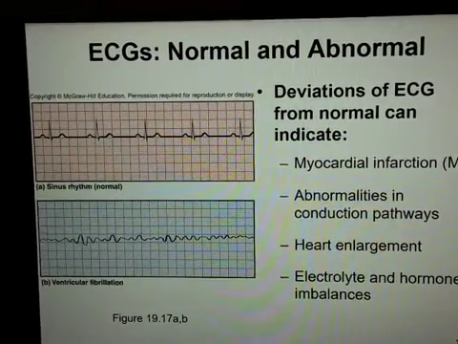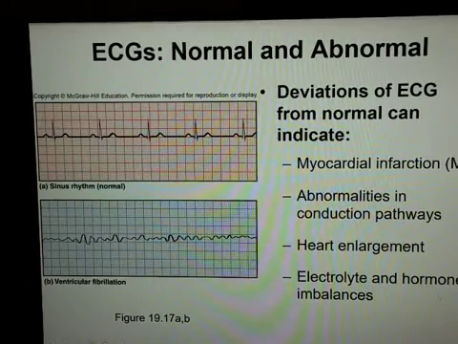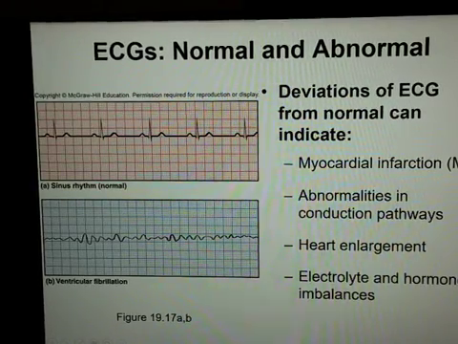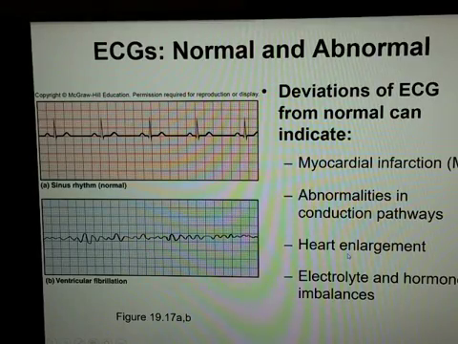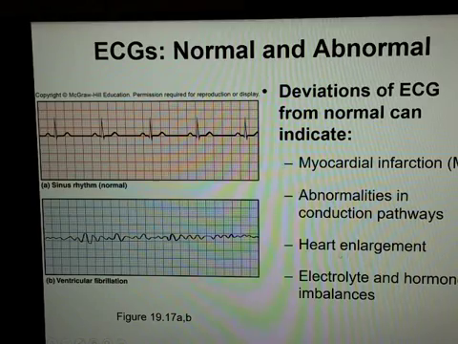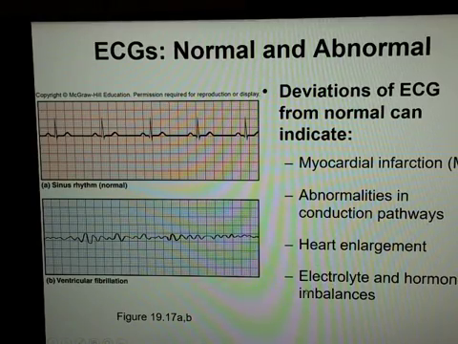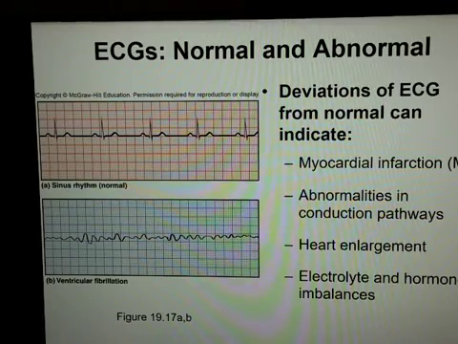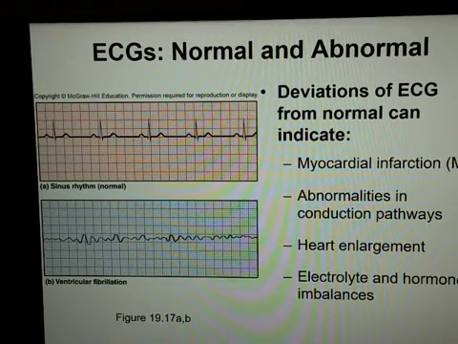Do we have an issue with the conduction pathways? Has the person had a heart attack? Do they have maybe a chronic condition or an acute condition that could be leading to enlargement of their hearts? Could it be that electrolytes might not be correct? Might be some hormones that are affecting the heart.